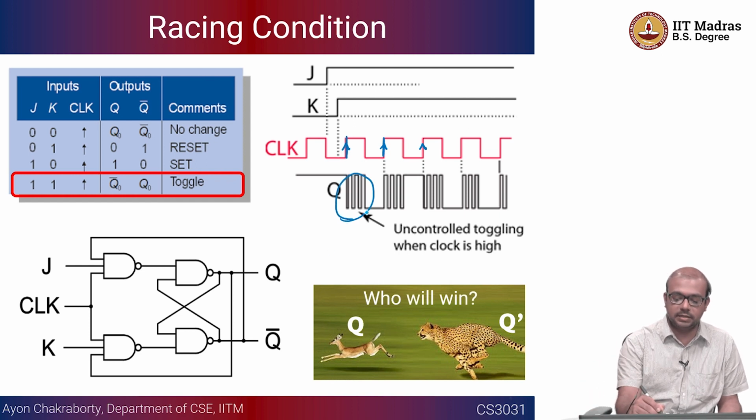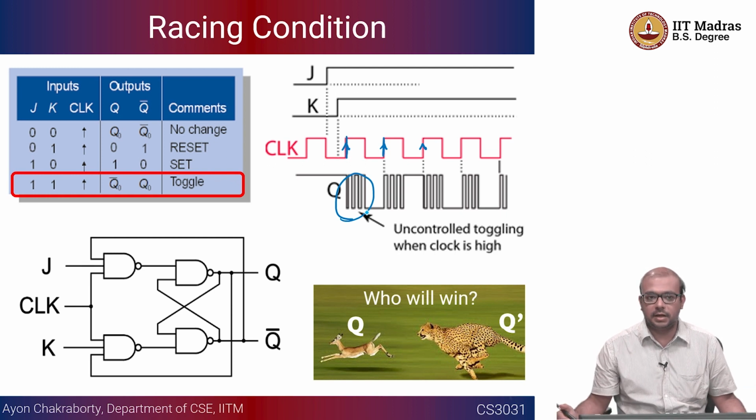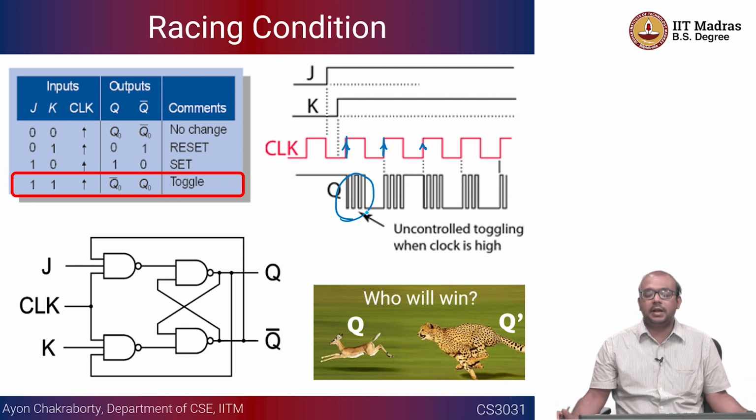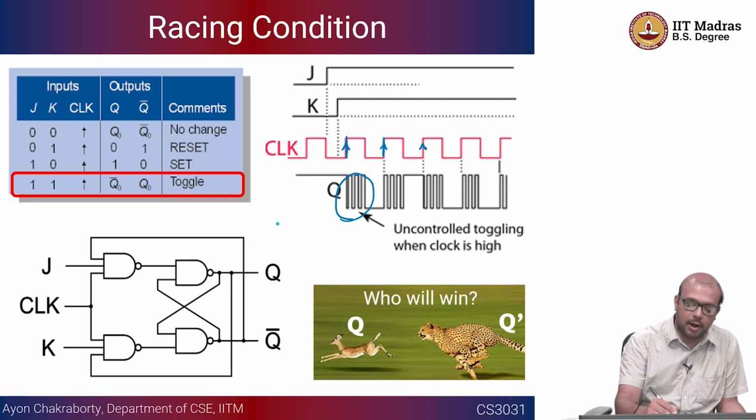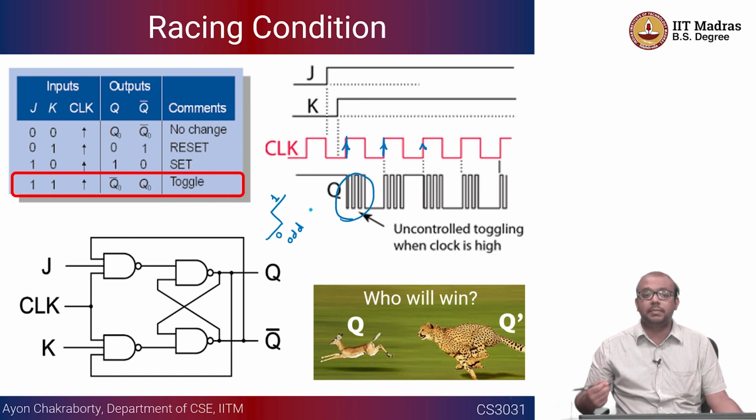If you have one toggle, or an odd number of toggles, then if it is 0, it is going to get to 1. But if you have an even number of toggles, then it is going to be in the same state. If it was 0, it will be in 0. If it is 1, it would be 1, right.